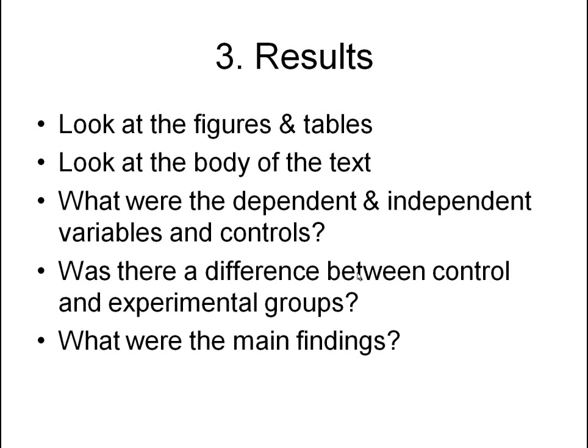So you need to identify these and identify what controls have been used. You should also make a note of the difference, if there is one, between the control group and the experimental group, have a look at this in careful detail, and summarize the main findings of the results.